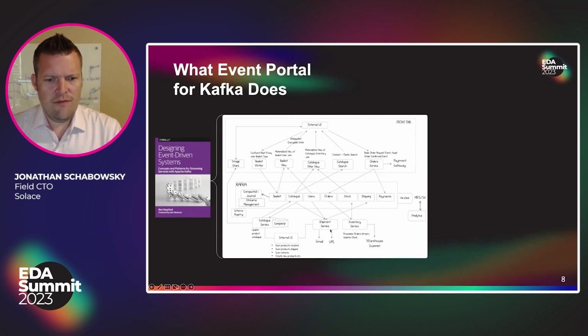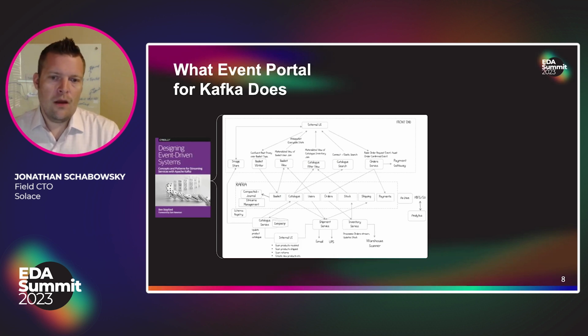They have a collection of different applications that are leveraging Kafka event streams, topics like baskets and catalogs and users and orders. And in many cases, you've got a bunch of different event streams that are being consumed by multiple applications. So for instance, the catalog service obviously produces to and consumes from the catalog, but the catalog filter view consumes it, the shipment service consumes it, etc.